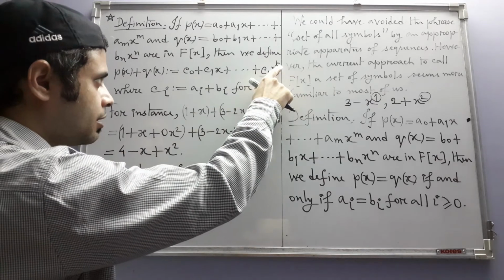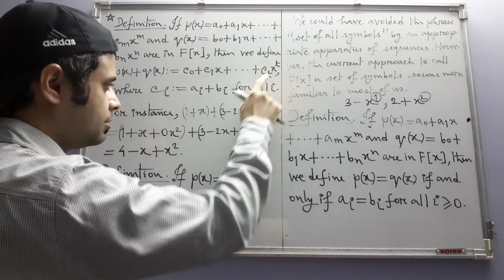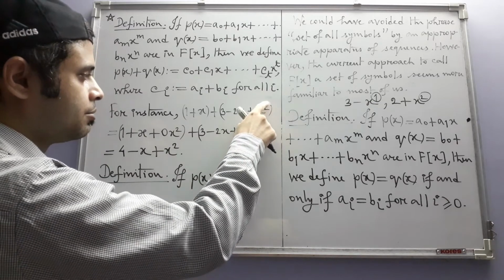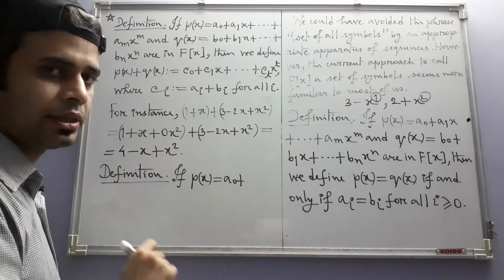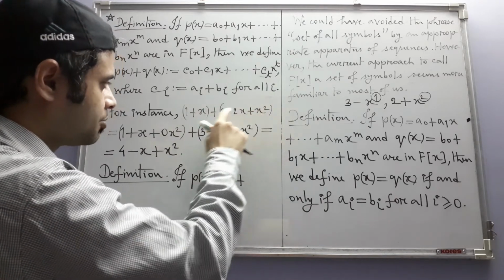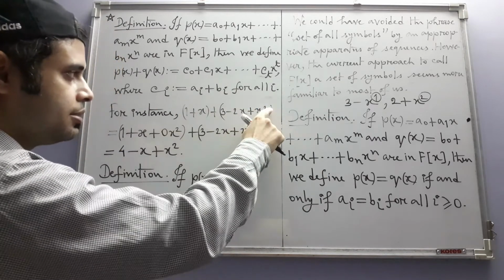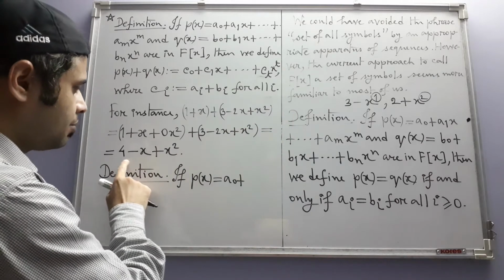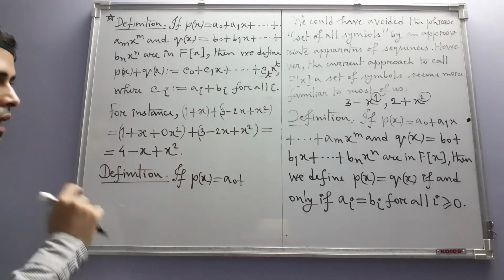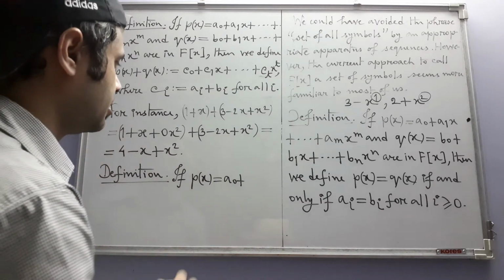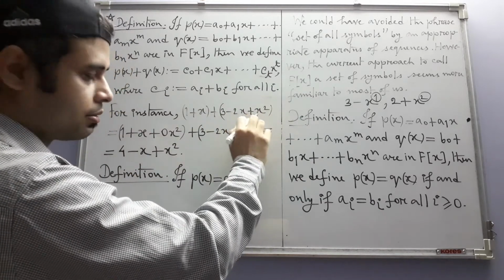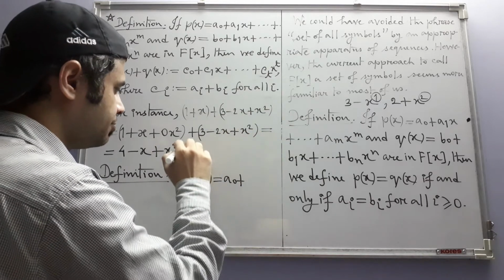T is an integer that is less than or equal to the largest exponent that is appearing. In this case, the largest exponent among the two polynomials is 2, and the sum continues to have that 2. However, that is not necessary. Why do I say it will be at most that and not equal to that?